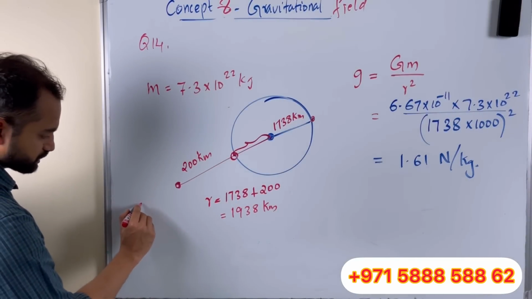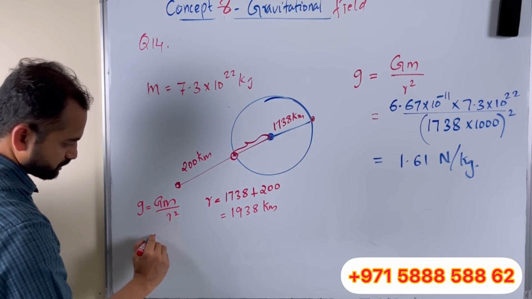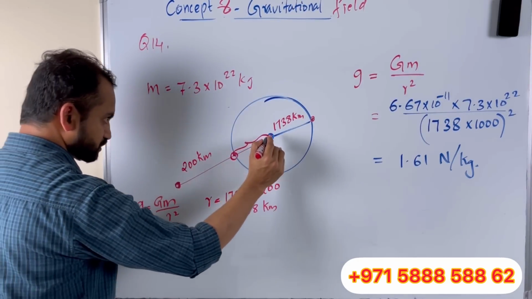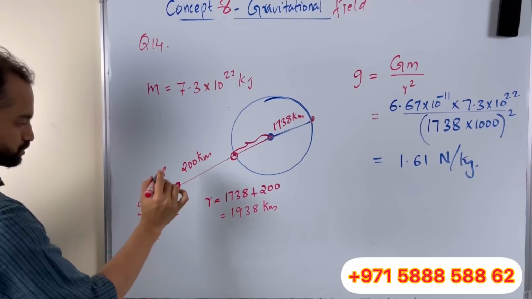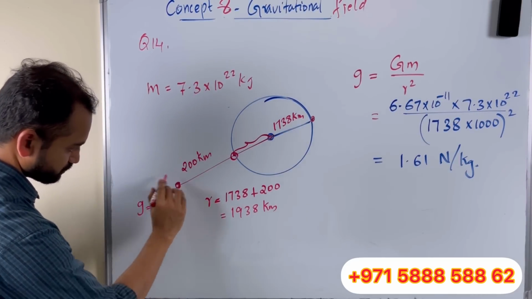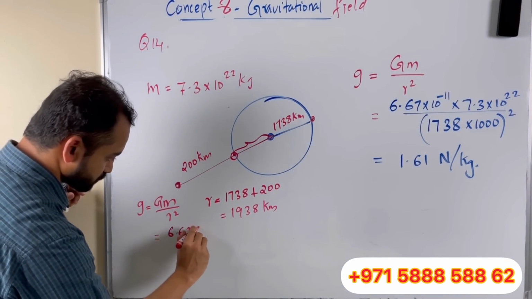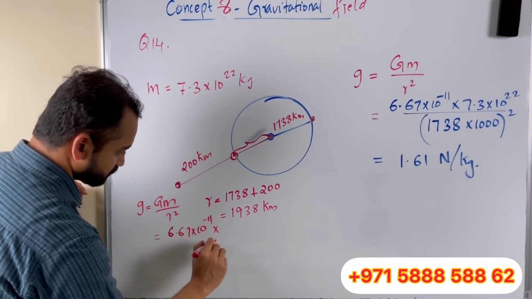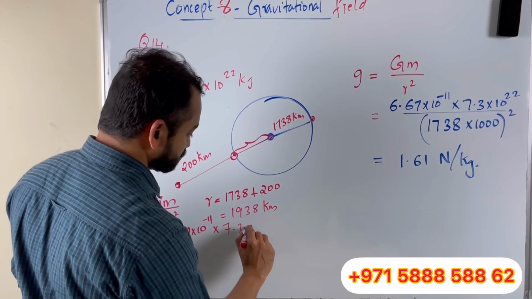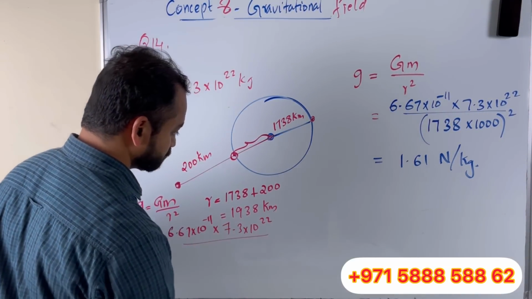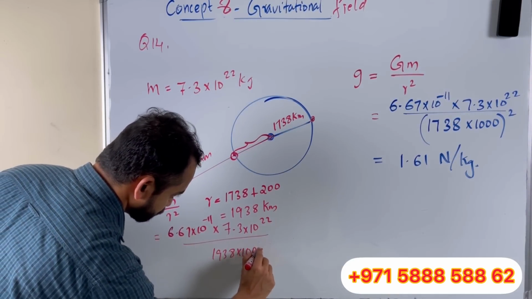So how to calculate the gravitational field at this point? At this point, gravitational field g equals GM divided by r squared. Here r is the distance from the center of the moon to this point. So here we will substitute the same values: 6.67 times 10 to the power negative 11 times the mass of the moon, 7.3 times 10 to the power 22, divided by 1938 times 1000, squared.